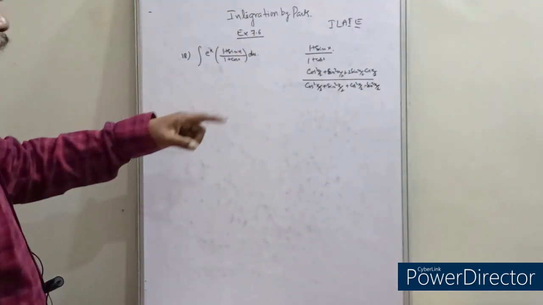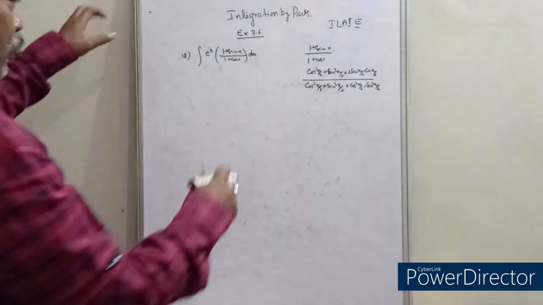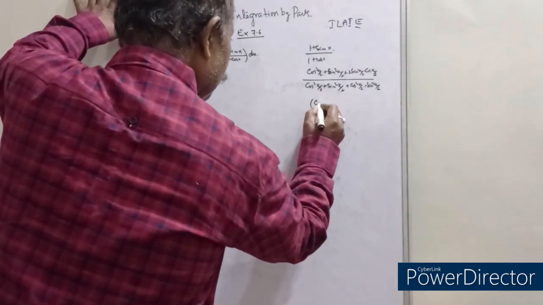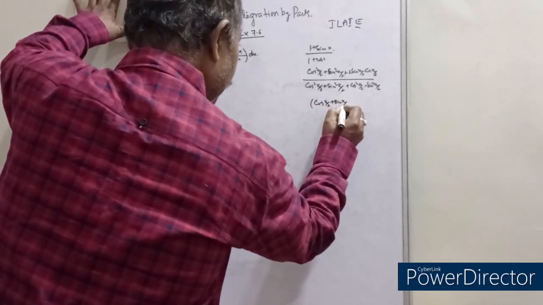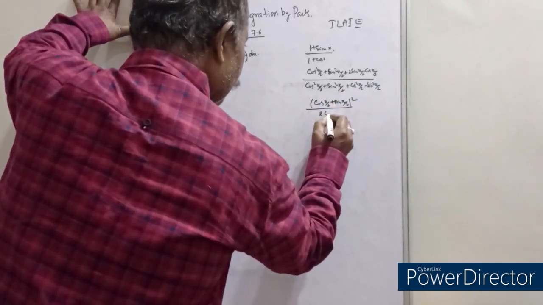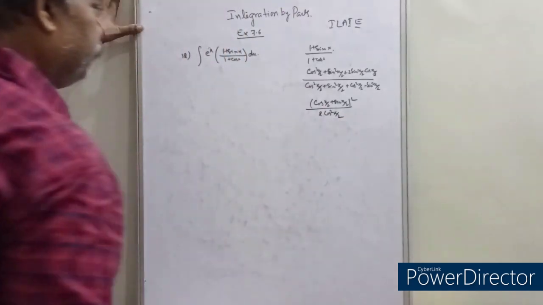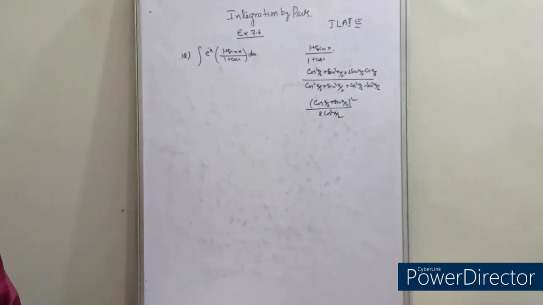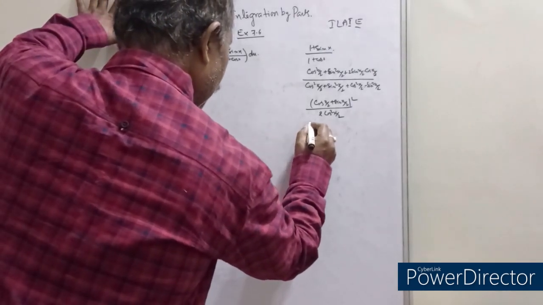So here in the denominator, the sin square x by 2 cancels out. In the numerator it becomes cos x by 2 plus sin x by 2 the whole square, and here this is 2 cos square x by 2. Further, I keep 1 by 2 outside.